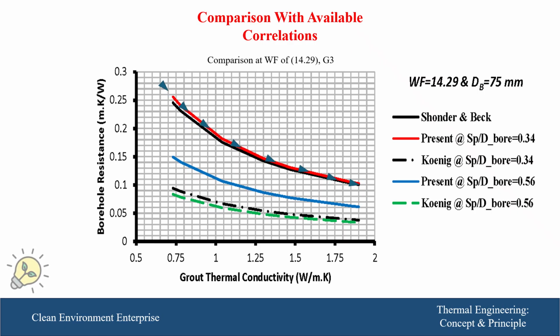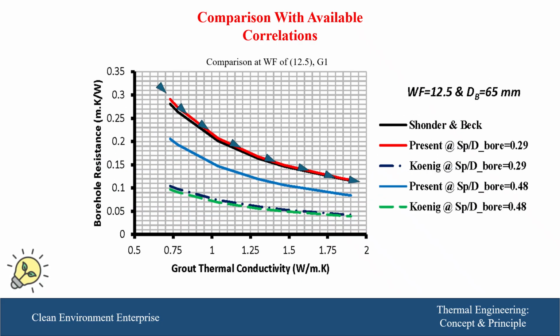And all of these correlations show the same behavior and trend of these thermal resistances, and the Koenig model showed very low values when we compare them with the present and Schonder and Beck correlation.